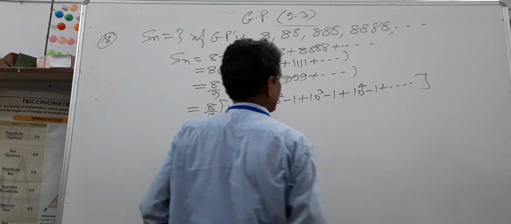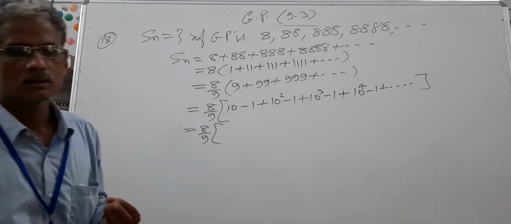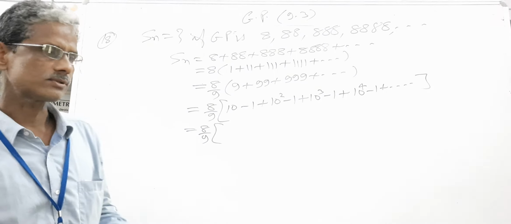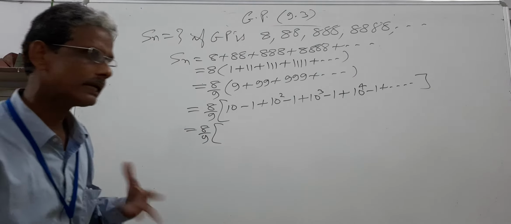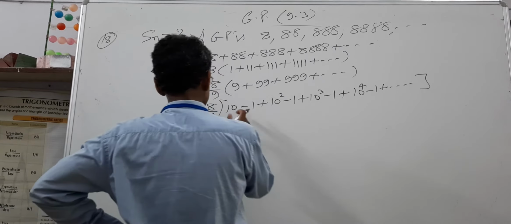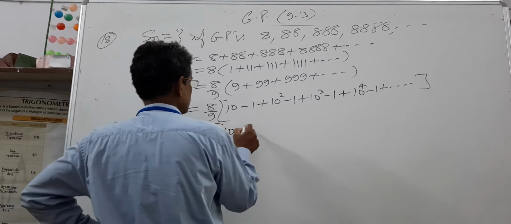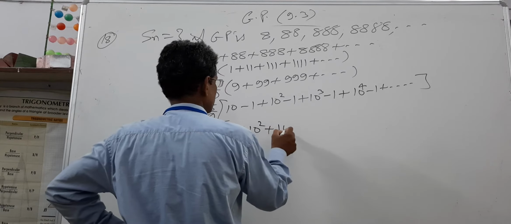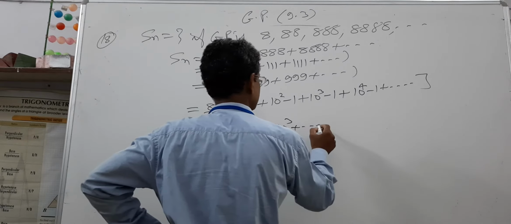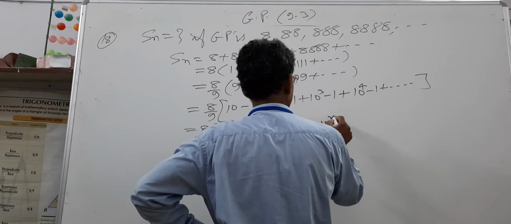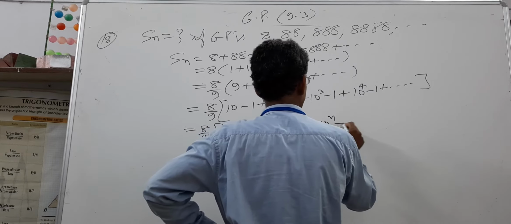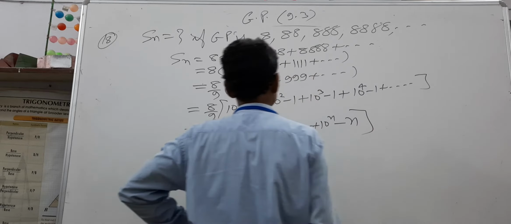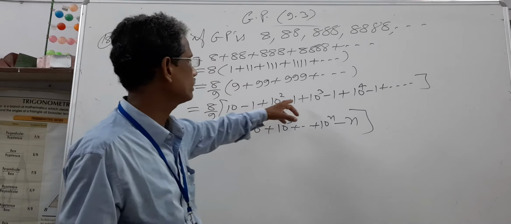If you subtract 1 n times, it means subtract n. This becomes 10 plus 10 square plus 10 cube plus up to 10 power n, minus n.